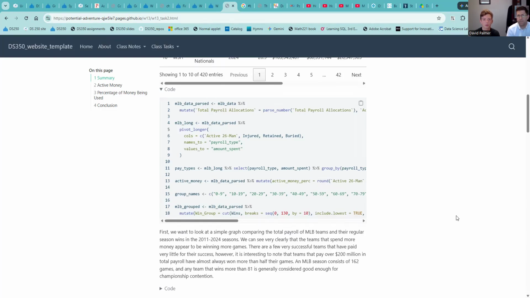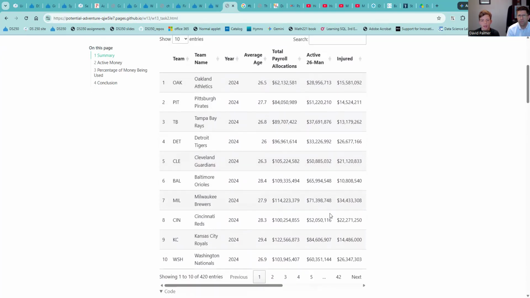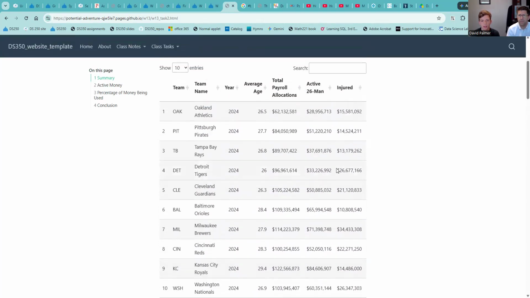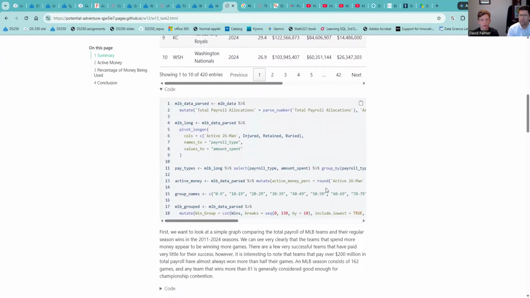And they came up with this data set that talked about the average age of the players, how much each team was paying each season, and it goes through how many wins each team has and everything. So using this data set, there was a lot that was already in place for me, which was very convenient.